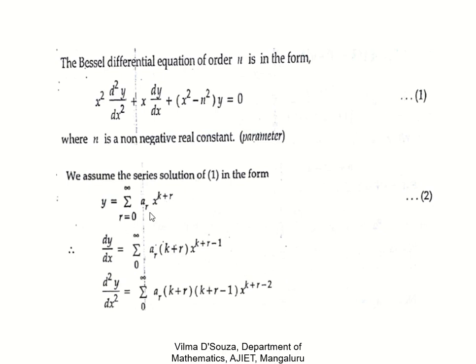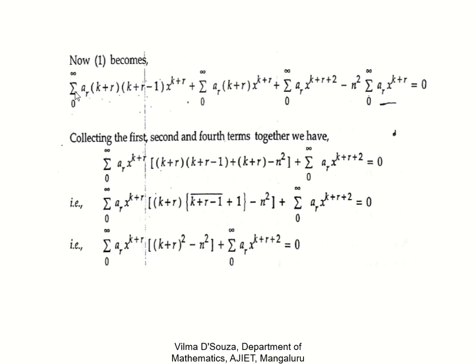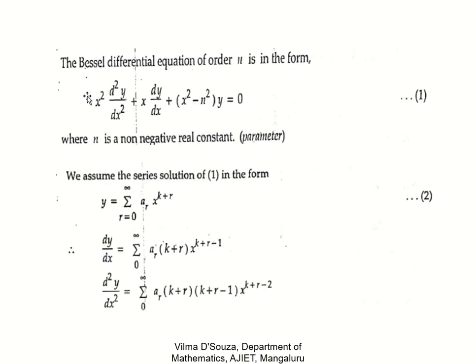Now we have assumed this y, and you have found dy by dx and d square y by dx square. So substitute all in the given equation, that is equation 1, Bessel's differential equation. X square into d square y by dx square: when you multiply by x square, this x to the power k plus r minus 2 into x square becomes x to the power k plus r, and x dy by dx becomes summation a r into k plus r into x to the power k plus r.